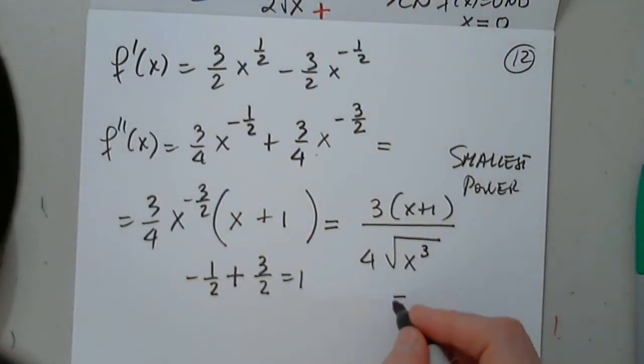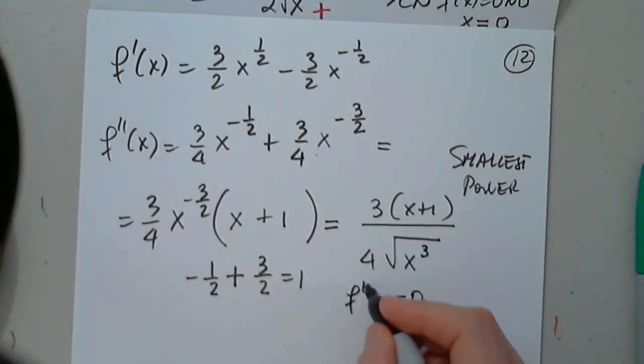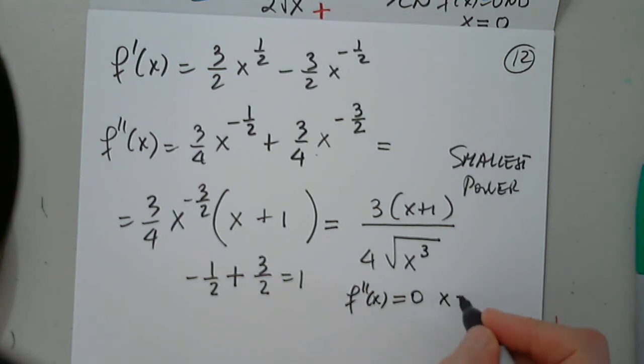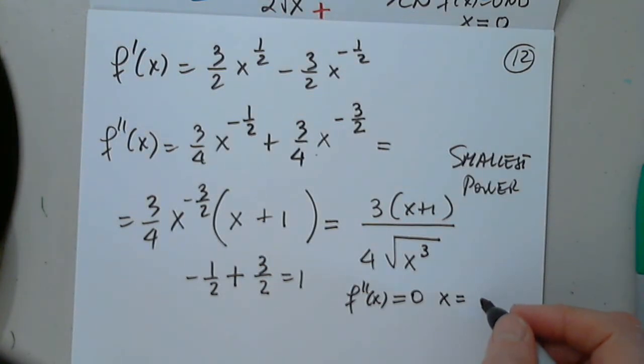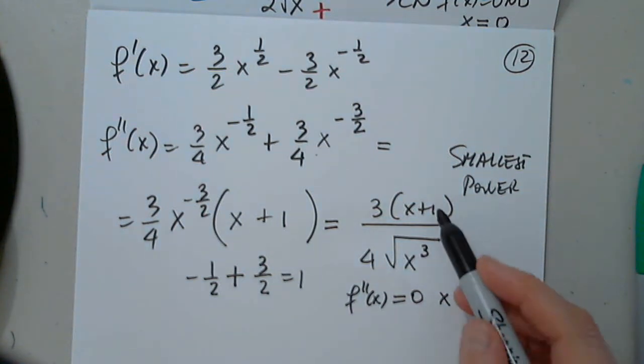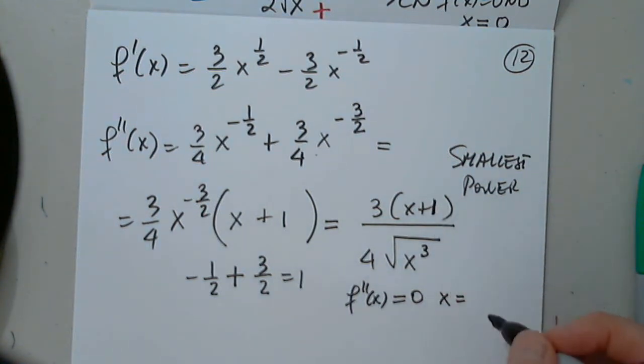Okay, so this will be 0. So the second derivative is 0 when x is 1. Careful. Negative 1. Excellent.